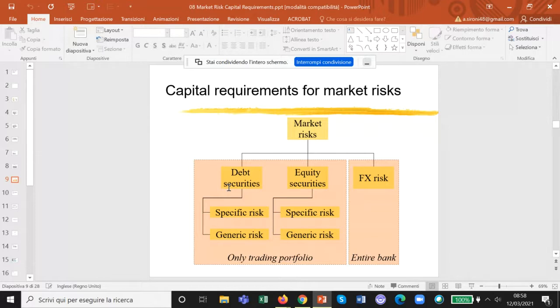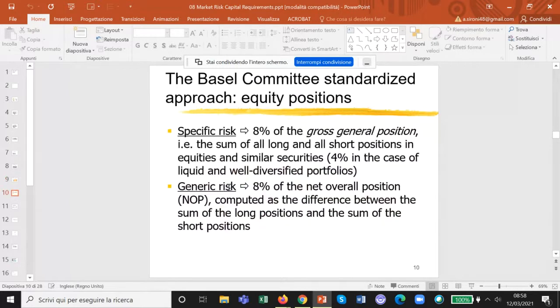How does the standard approach work? Well, in the case of equity positions, very simply, specific risk is 8% of the gross general position, which is the sum of all long and short positions in equities and similar securities, and 4% when you have a liquid and well-diversified portfolio.